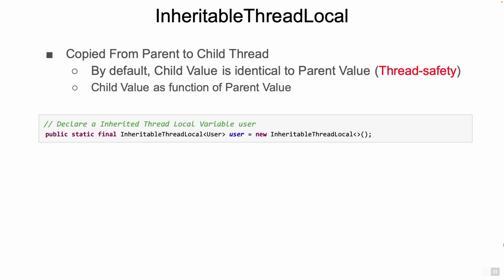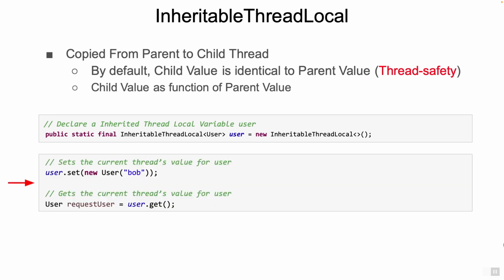As a programmer, the InheritableThreadLocal class can be used almost exactly like the ThreadLocal class. Here you see the declaration of the InheritableThreadLocal variable. This time we are using the class called InheritableThreadLocal instead of ThreadLocal.